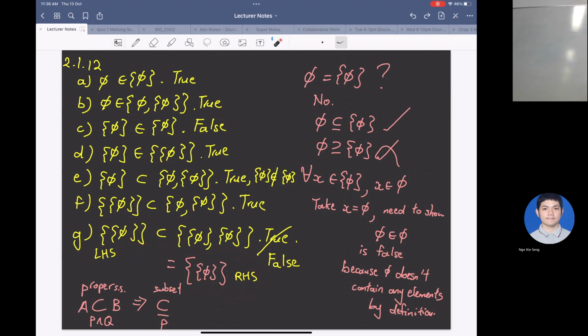If this is a subset, then it is true. If it is a proper subset, then it's false. So for a proper subset, you need to check two conditions: it is a subset, and there exists an X on the right-hand side which is not on the left-hand side.